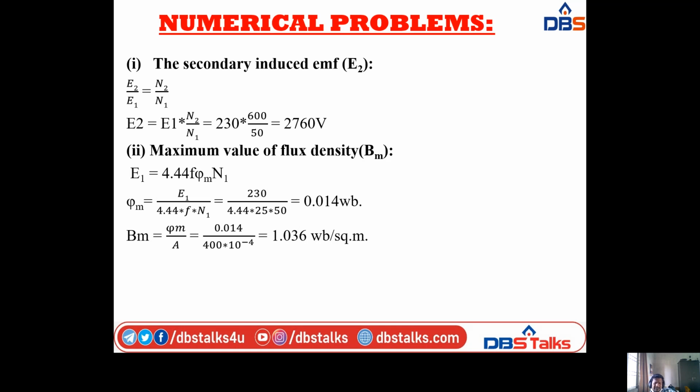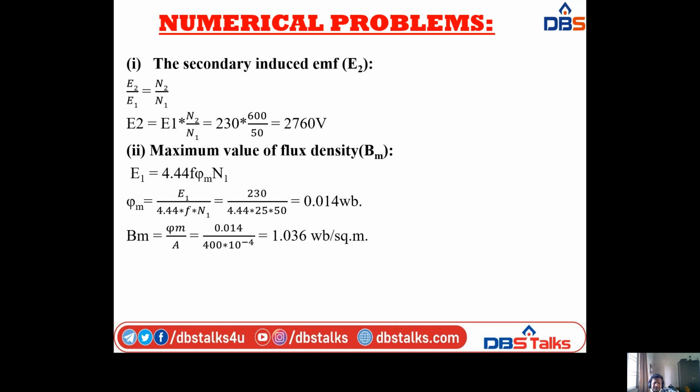Then the maximum value of flux density. To determine the maximum flux density, we may go for the EMF equation of a transformer. E1 is equal to 4.44 F phi m N1. What is phi m? Flux. Now flux means flux density multiplied by area of cross section. Therefore, E1 is equal to 4.44 F Bm A N1.